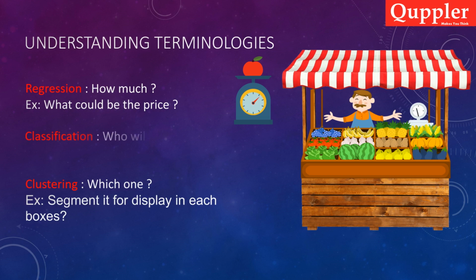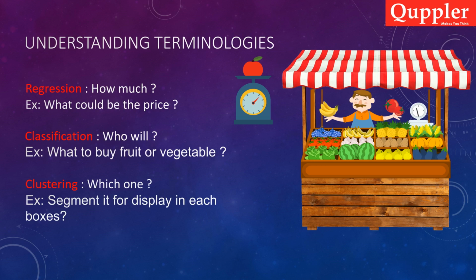And the third thing is classification, which talks about what or who. For example, if I had to differentiate whether to buy a fruit or a vegetable. The shopkeeper, on one hand, has a banana, and on the other hand he has a tomato. One falls under the category of vegetable, whereas the other falls in the category of fruits.